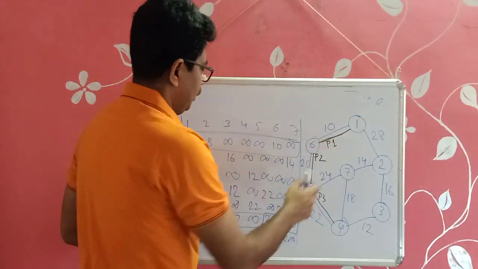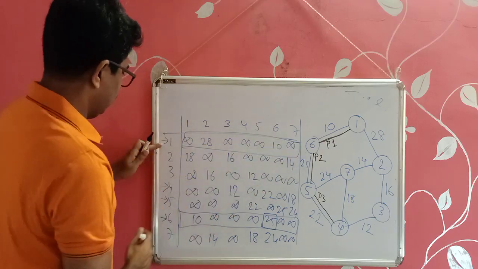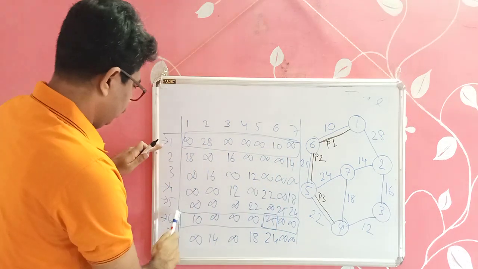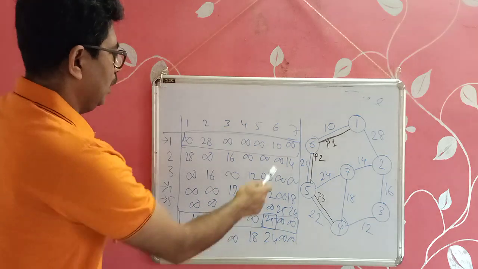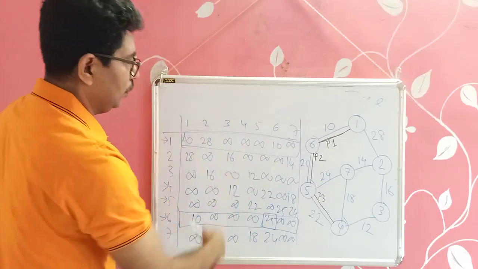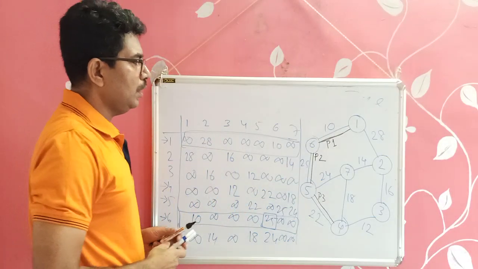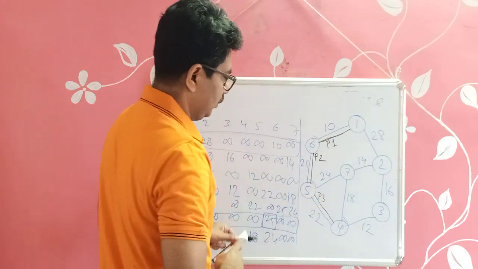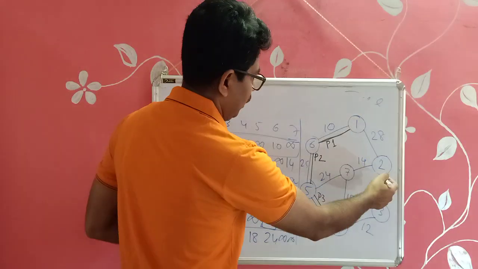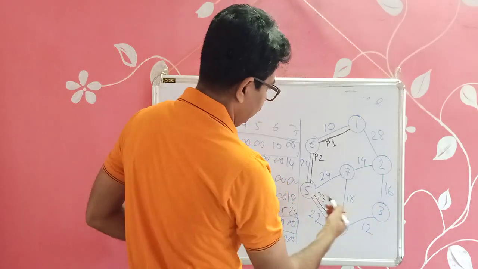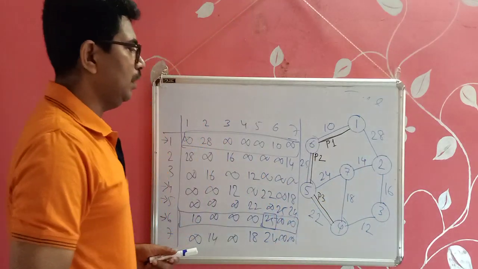From 1, 28, that is here. This row, 5 and 6. Among all these four, we have to select the minimum one. So from this, again we can choose that 28, 12, 24. These three are the candidates.